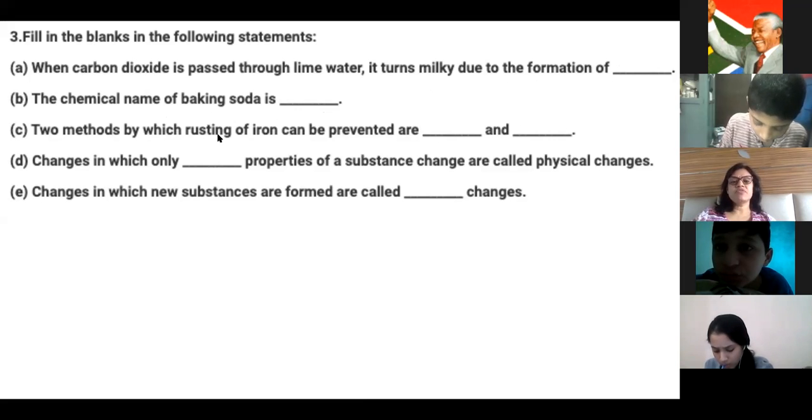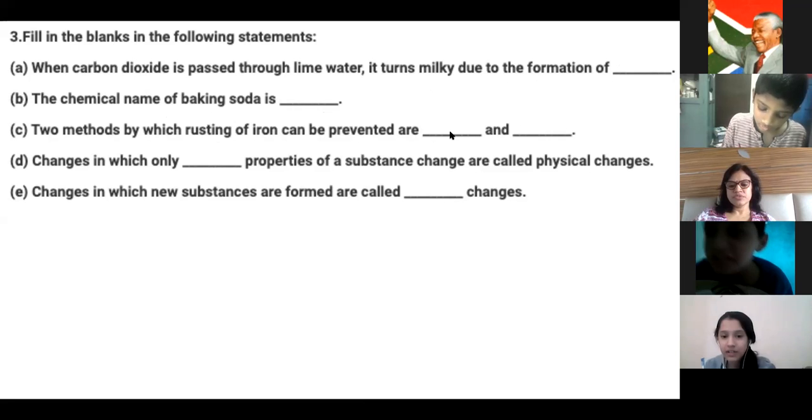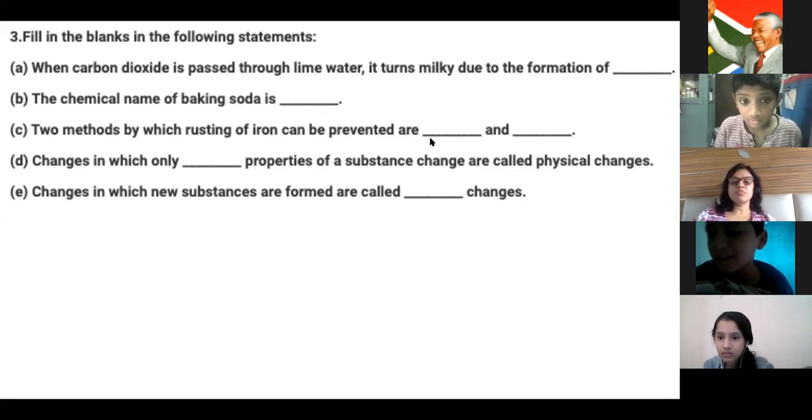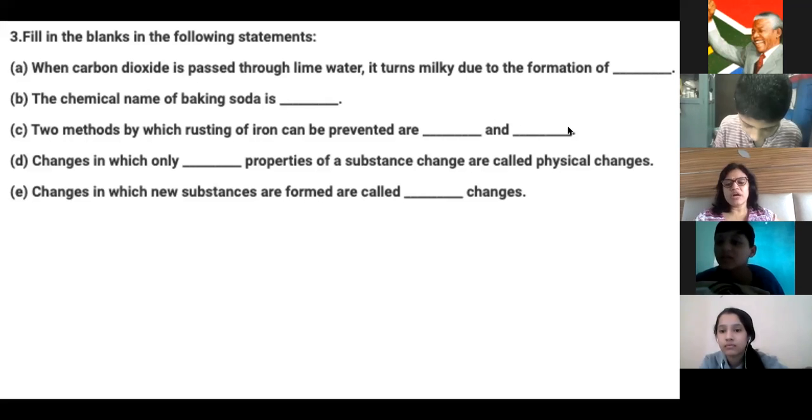Two methods by which rusting of iron can be prevented are paint coating and galvanization. Zinc and paint.